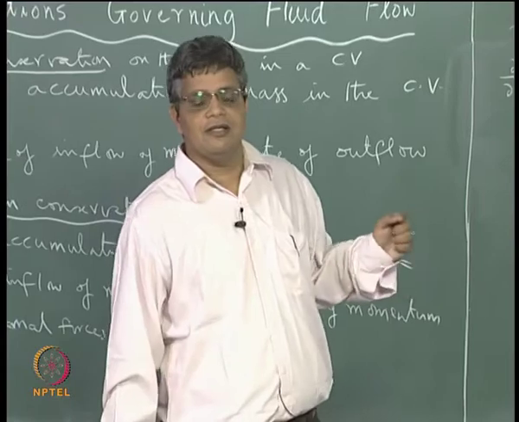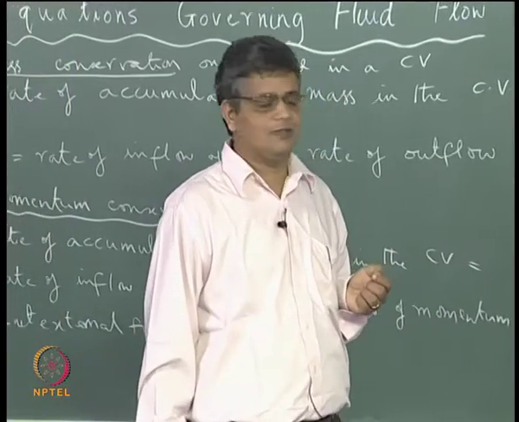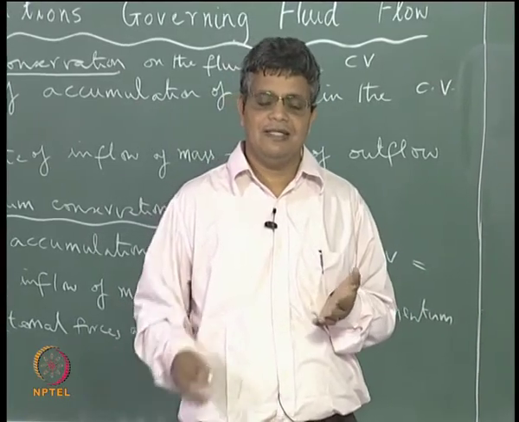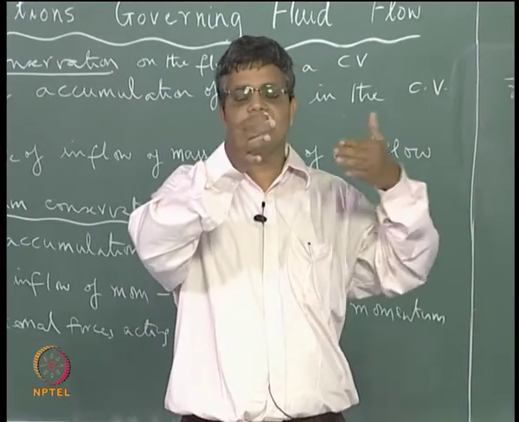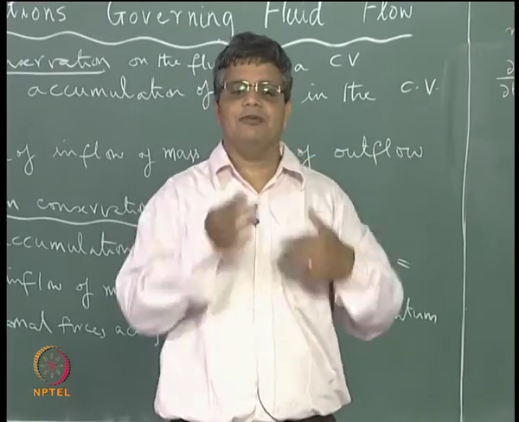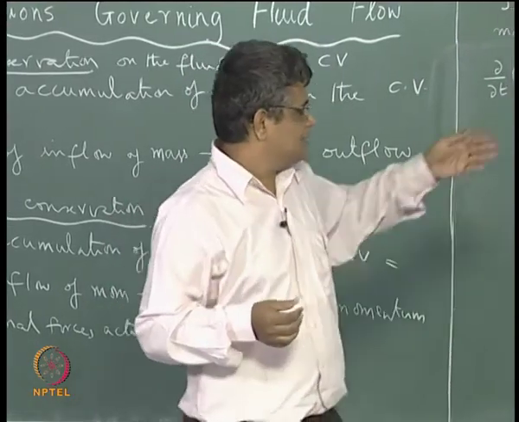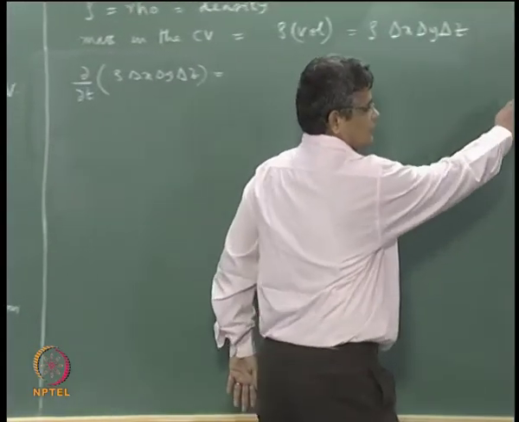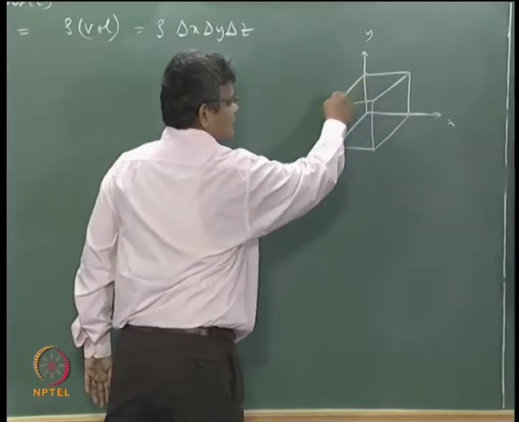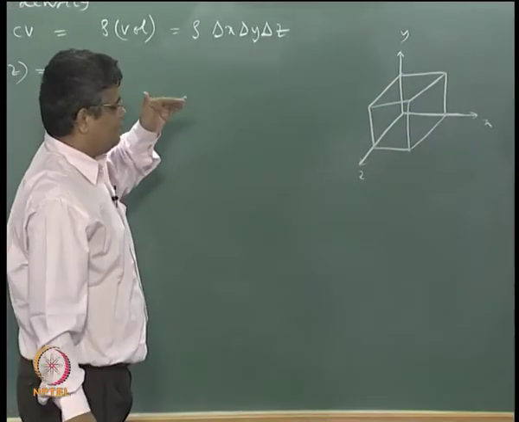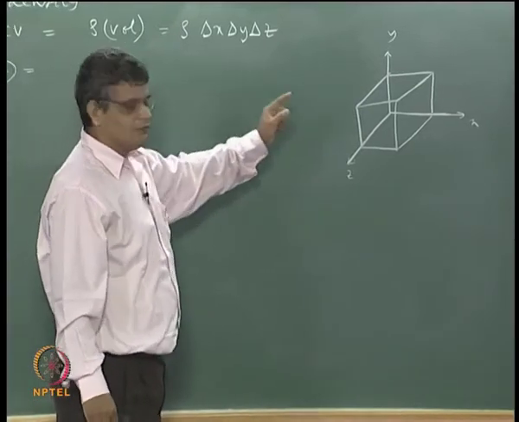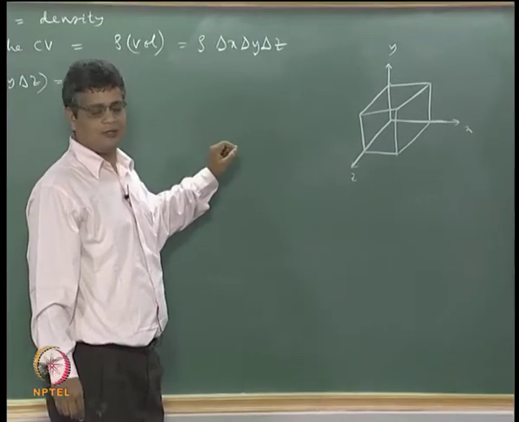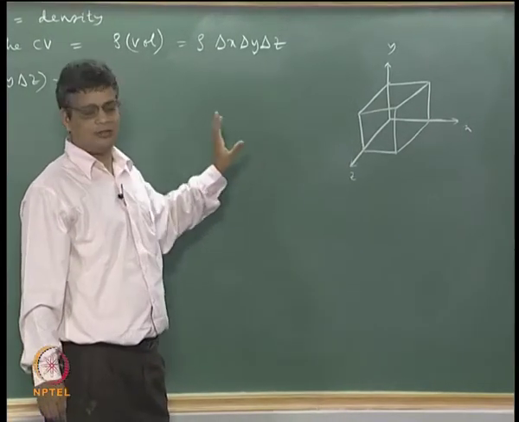We have to evaluate the fluxes through each of the 6 faces. We can say that the flow rate through a particular face can be seen as the velocity normal to the face times the area of the particular face. So since we have aligned the 6 faces of our control volume along the coordinate planes, if we take any particular face, we can find out the area and multiply the velocity component which is normal to that particular face in order to get the volumetric flow rate through that face.